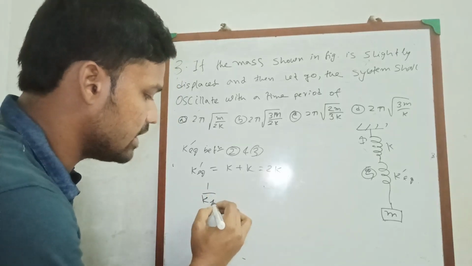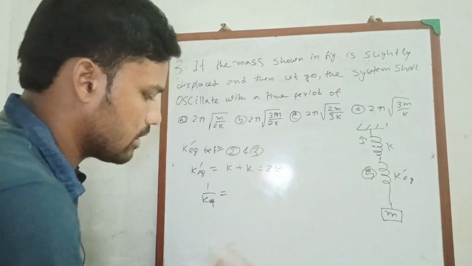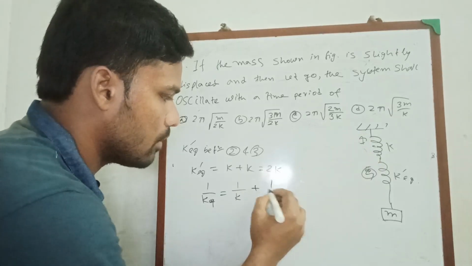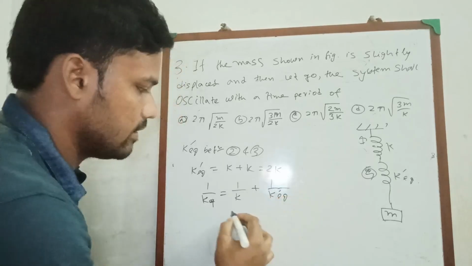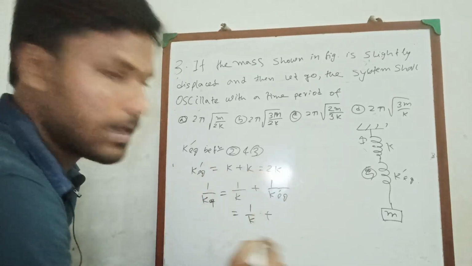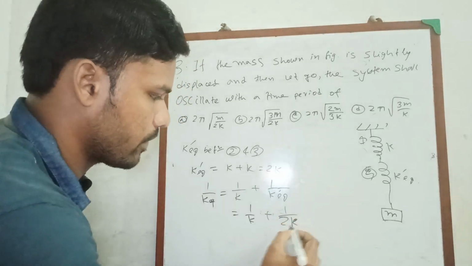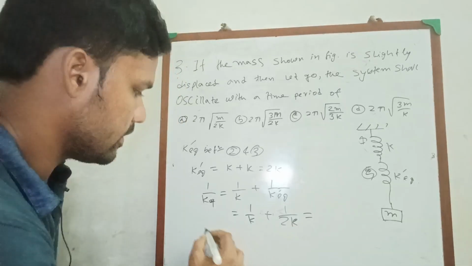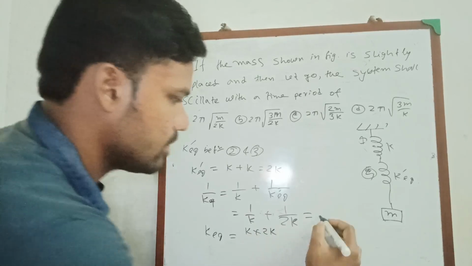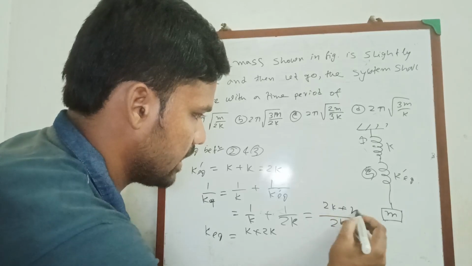As we said earlier, for series the equation is 1/k equivalent equals 1/k plus 1/k equivalent dash, that is 1/k plus 1/2k. Simplifying, k equivalent is k times 2k divided by 2k plus k.